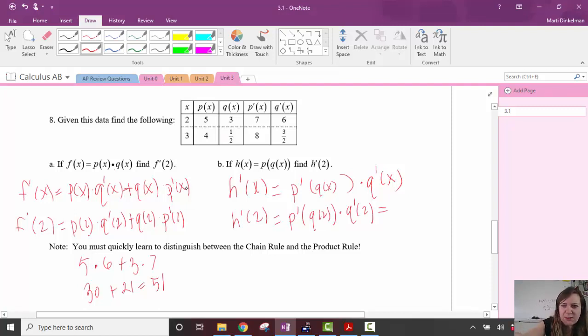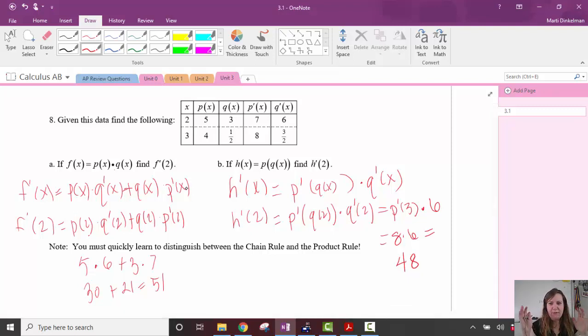So Q of 2 is 3. So that now is going to change to a P prime of 3. And Q prime of 2 is 6. Okay, and then back to the table, P prime of 3 is 8. So 8 times 6 is 48. Okay, so if you can just remember to think about that derivative of the outside, leaving the inside alone, times the derivative of the inside.